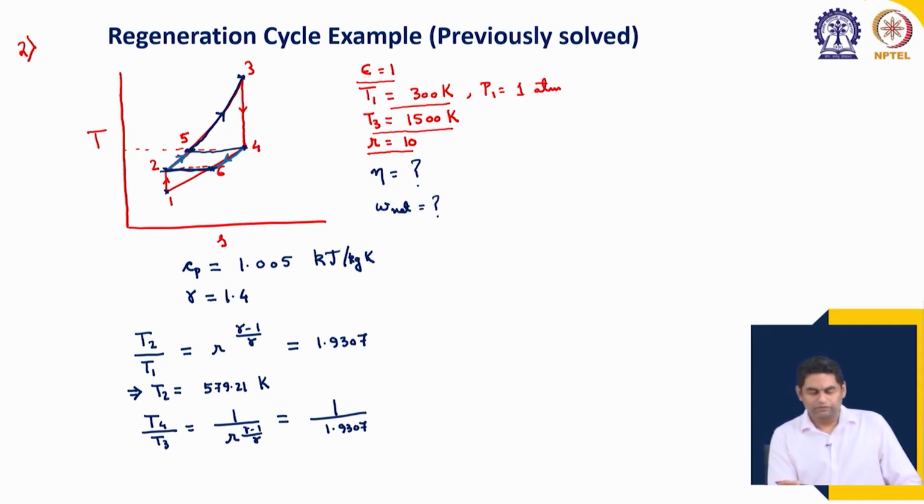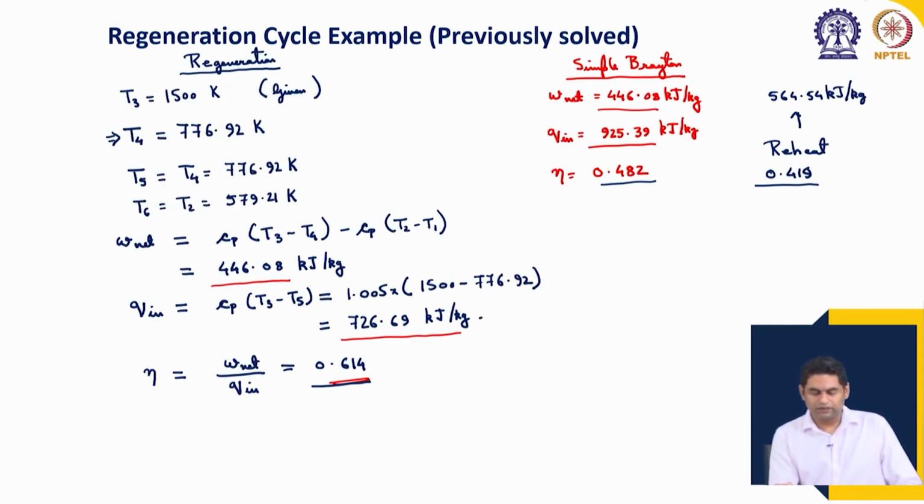From this we calculate the net work output and efficiency, and for that case we had obtained 61.4% efficiency. It compared with the simple Brayton cycle efficiency of 0.482, and for reheat it was 0.419.